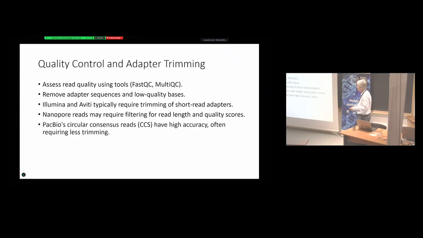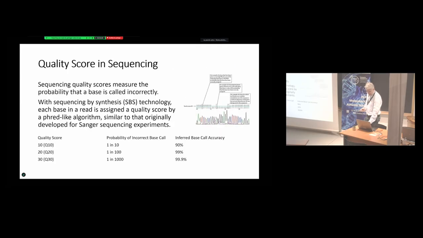And there are specific requirements. For instance, if you are working with circular consensus reads in the case of PacBio, the companies are usually developing their own software, which has been optimized over the years. For the quality score, we already mentioned the idea of measuring the Q score.